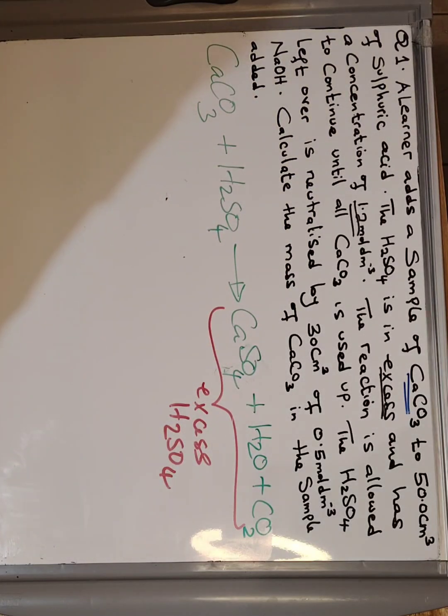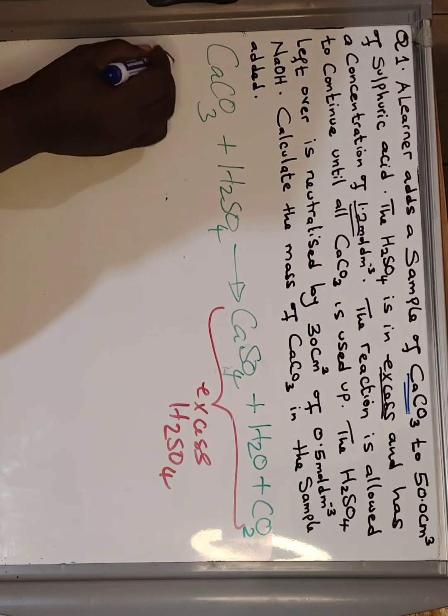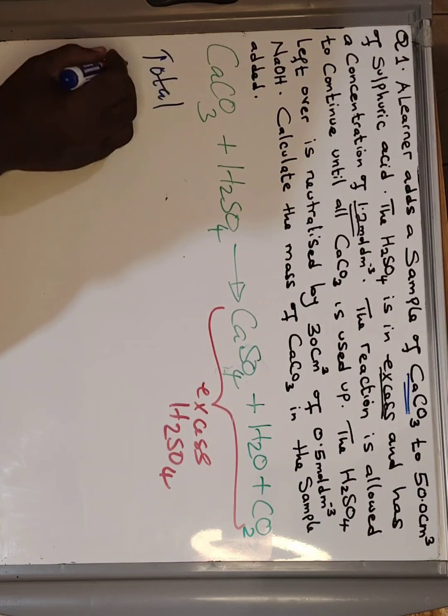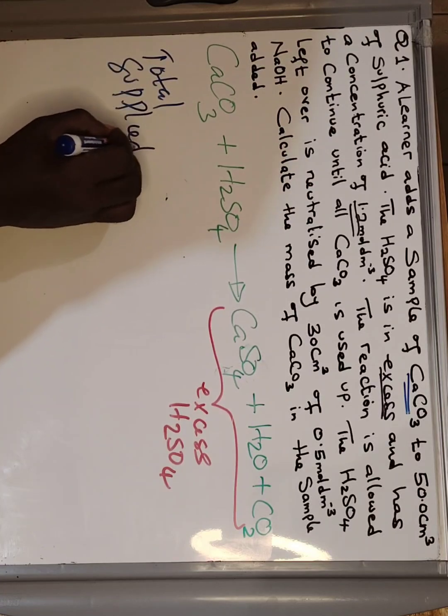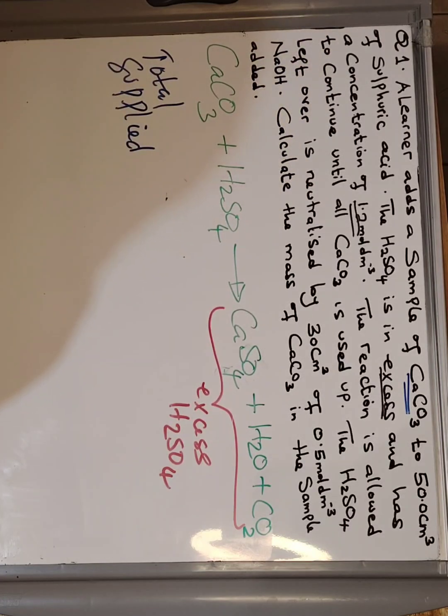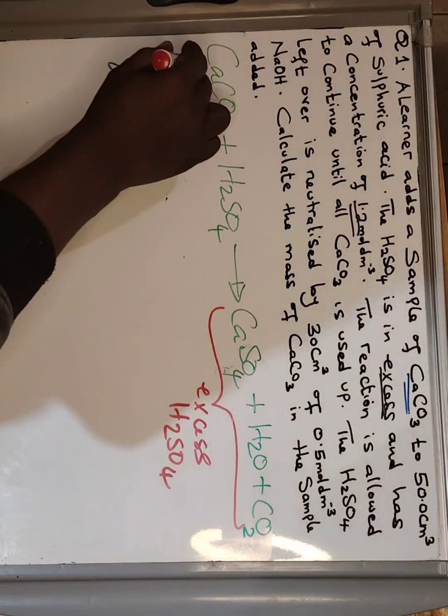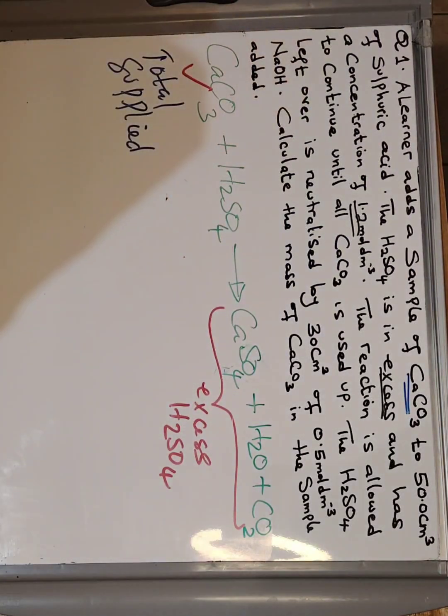We know the total number of moles of sulfuric acid, because once somebody gives you concentration and volume, that is a known case. So those number of moles are known. What else do we know?